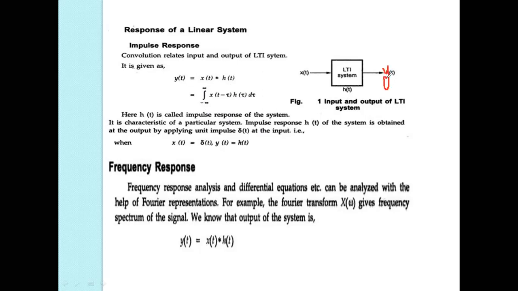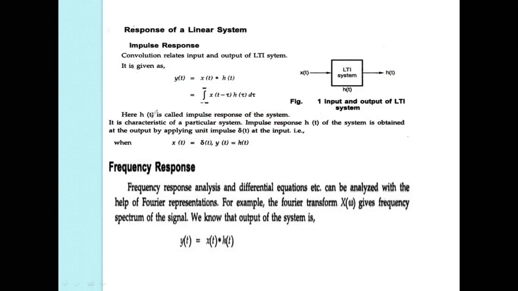It is a linear time invariant system with h of t and x of t. The response y of t is equal to x of t convolved with h of t. We know the convolution formula, integral from minus infinity to infinity. Either you can write it as x of tau, h of t minus tau, which is equivalent, and you get the same result.